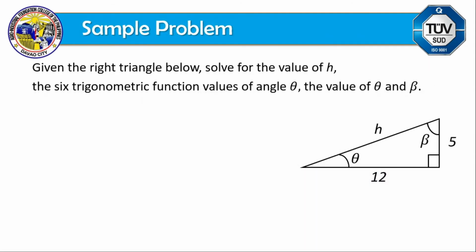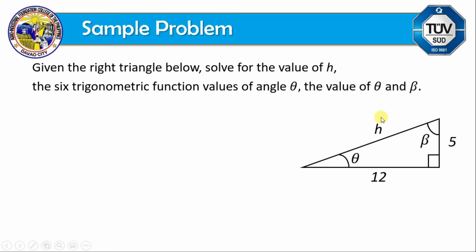Now, we have a sample problem here involving a right triangle. It says, given the right triangle below, solve for the value of h, the 6 trigonometric function values of angle theta, and also the value of theta and beta.